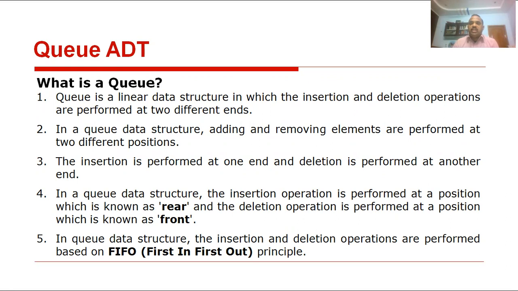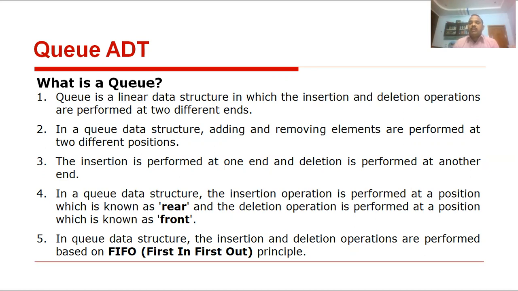A set of values and a set of operations is called an ADT. The queue also has some values and operations. We want to store some values in the queue and also apply some operations on the queue. That's why this is called Queue ADT.